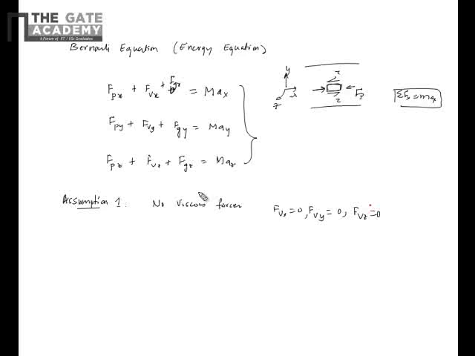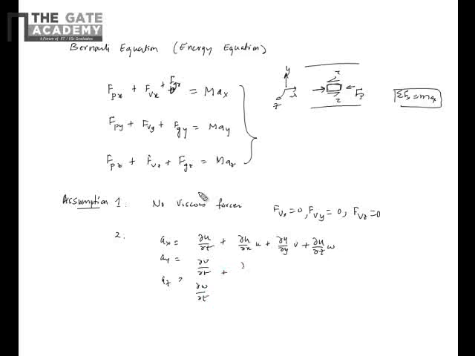So we assume that, and then if we just balance out the equations, the second assumption is that for ax, ay, we have already derived the equations in fluid kinematics. Like for ax, you have dou u by dou t plus dou u by dou x into u plus dou u by dou y into v plus dou u by dou z into w. Similarly, you have for ay and az.